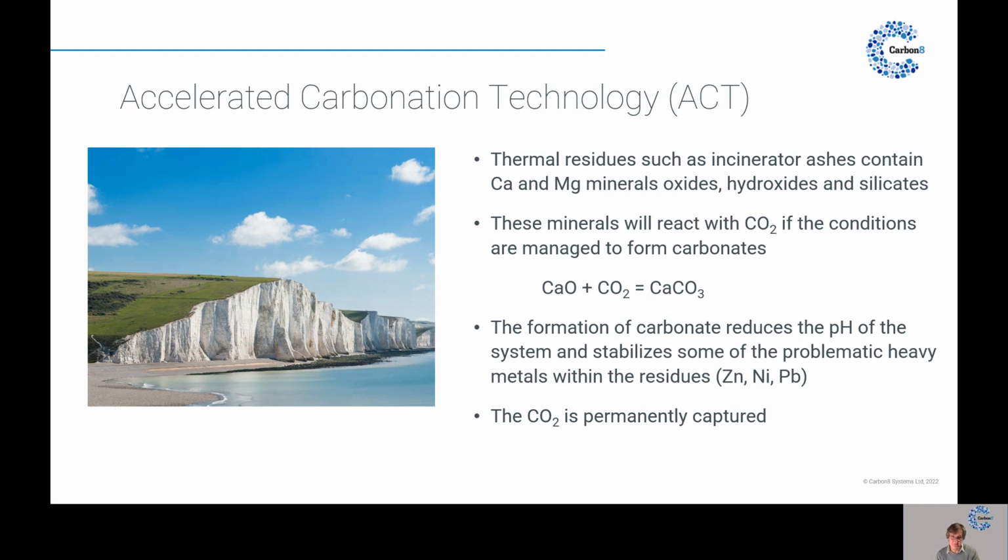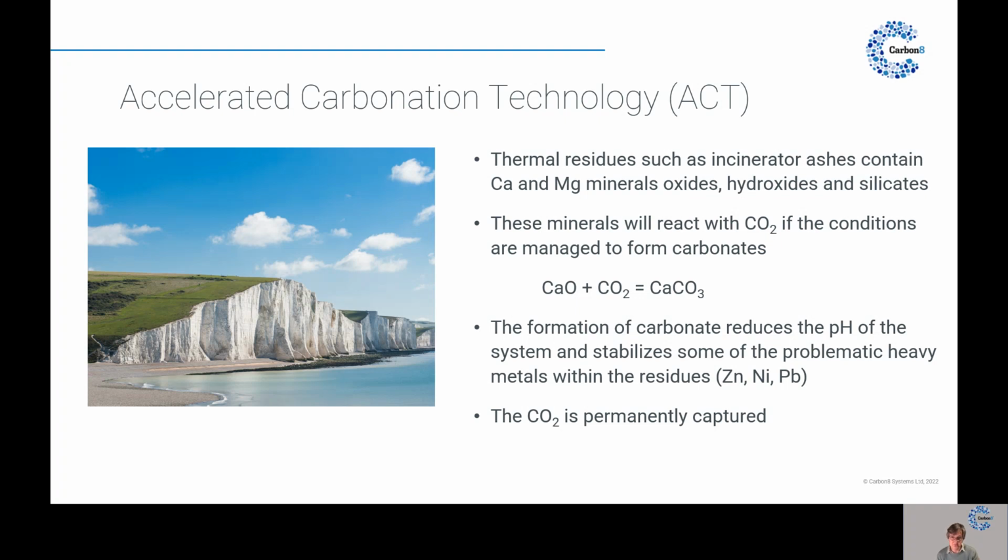So in the simplest form, if you take calcium oxide and you add CO2 to it, you get calcium carbonate. And the formation of the carbonate reduces the pH of the system. The pH of calcium carbonate is around 9, and it stabilizes some of the problematic heavy metals within the residues because they have a lower solubility at a pH of around 9.